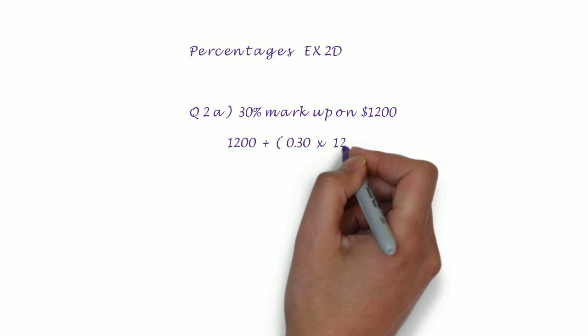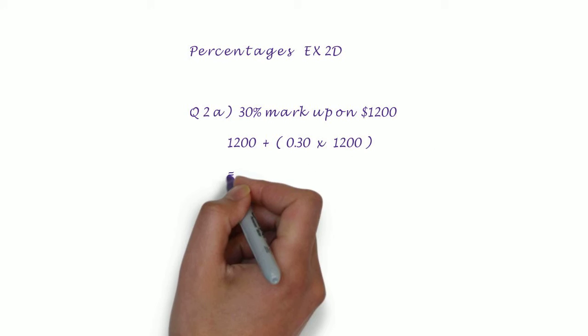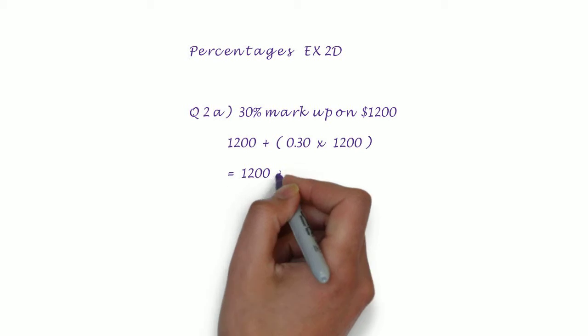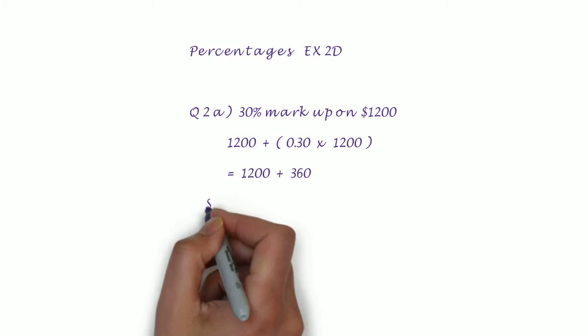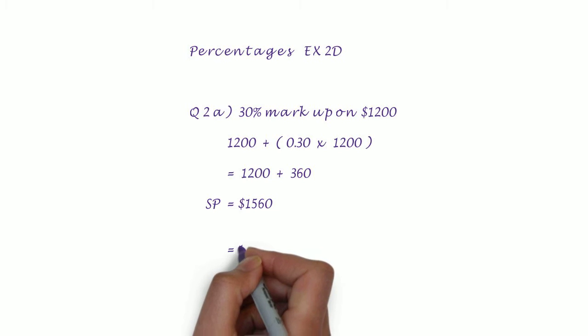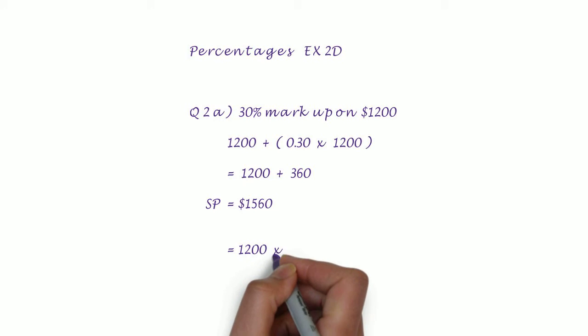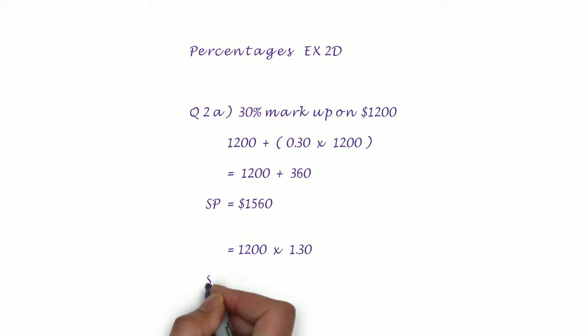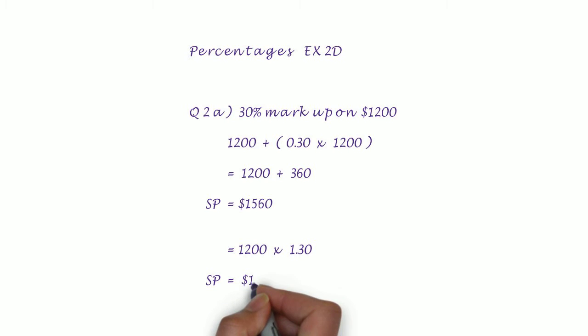Now we could just add the $1,200 plus 0.3 times 1,200, which is 30%. So that's 1,200 plus 360, and the selling price will be 1,560. Or we could multiply it by 1.3. 1,200 times 1.3 gives us a selling price of 1,560. That's because 1 is 100% plus the 30%.